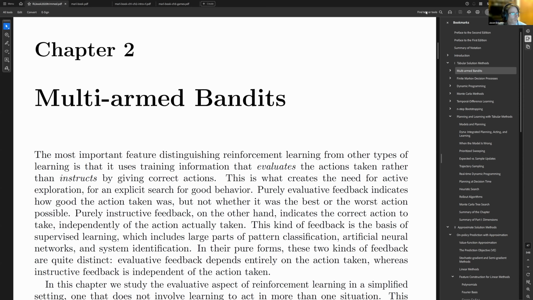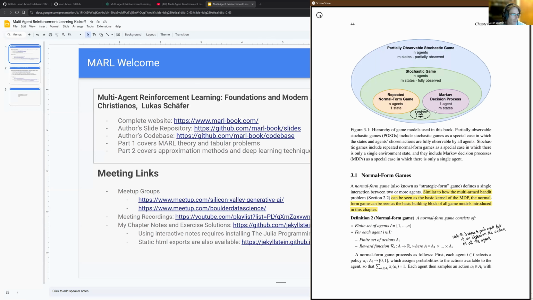If you compare it to this diagram, this is one agent, M states. The bandit problem is one state, one agent, so I guess it's like the missing piece from this diagram. In the bandit problem the only thing we're worried about is the action selection, but the situation we're in is always the same.